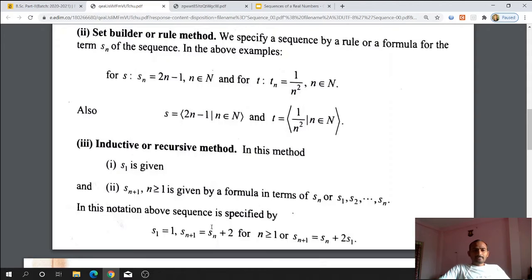It means that S1 is given, and again Sn plus 1 is given in terms of Sn or S1, S2, and so on up to Sn. Means Sn plus 1 is equal to whatever value is given in terms of S1, S2, and so on up to Sn.